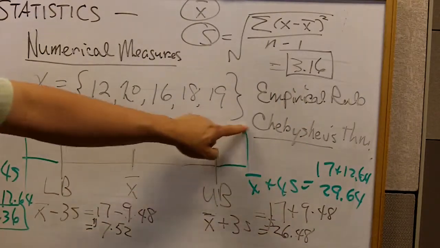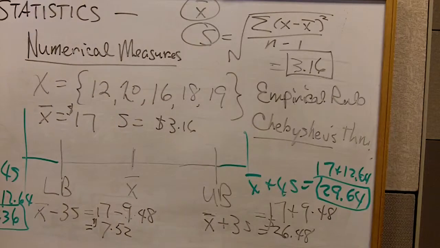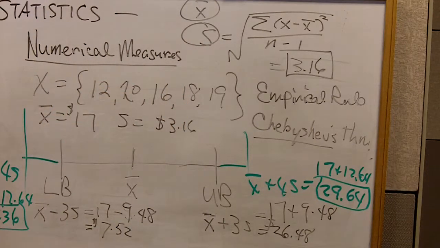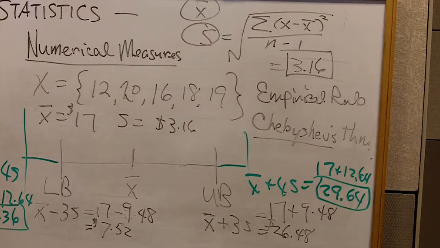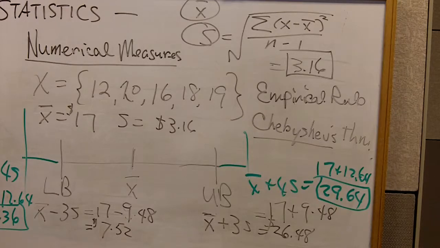Using the Chebyshev's theorem, the lower bound and upper bound values are further out, and we don't have any values that are lower than 4.36 or higher than 29.64. That's the Chebyshev's theorem. Well, with the use of x bar and standard deviation, we applied one of these two rules, and when to use one or the other depends on whether we have a symmetrical distribution.